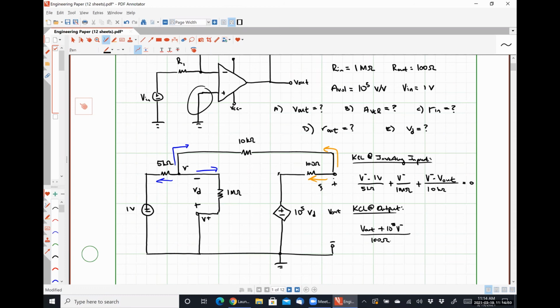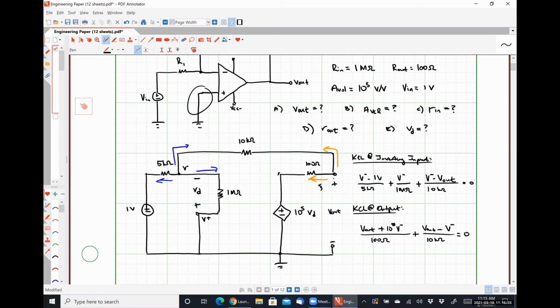Just doing good old Ohm's law, finding the current flowing to the left through the 100 ohm resistor. So the voltage drop is the voltage on the right node minus the voltage present at the left node divided by the resistor value. All right, and then to that, I'm going to add V out minus V minus divided by 10 kilo ohms and set these guys equal to 0.